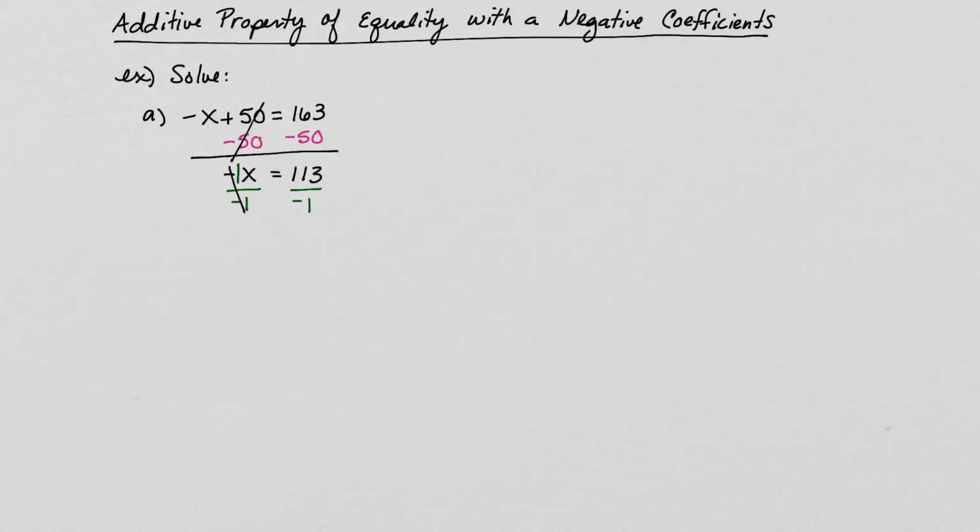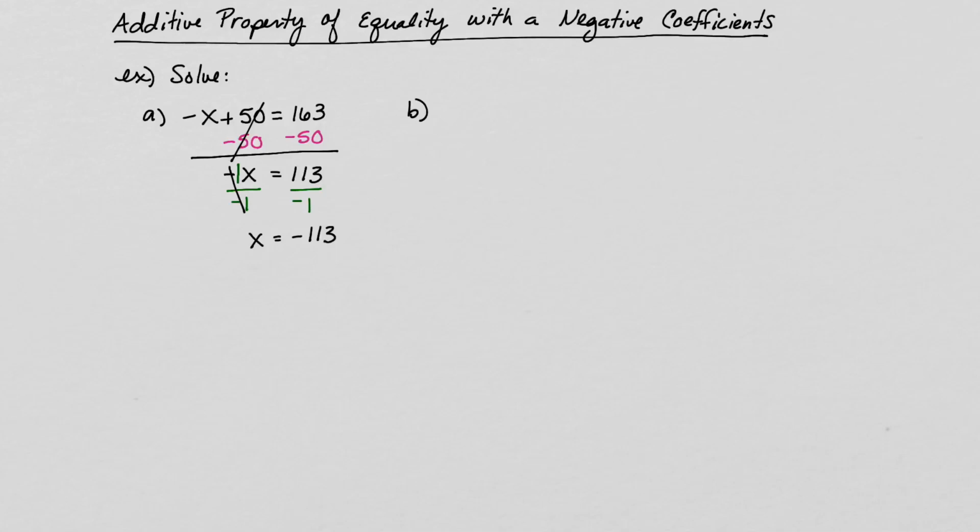On the left-hand side, it's going to cancel out, and I'm just going to be left with x. And on the right-hand side, 113 divided by negative 1 is negative 113. So these equations take two steps, and most equations, actually, when you're solving them, take more than one step. All those other problems we did were one-step equations, and they were just to get us ready for these more complicated equations.